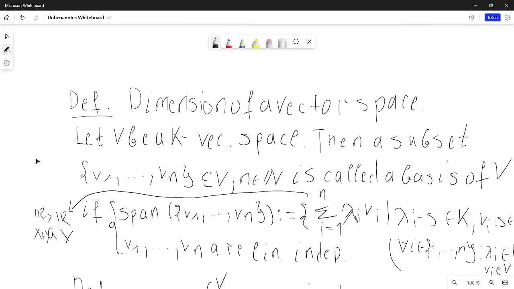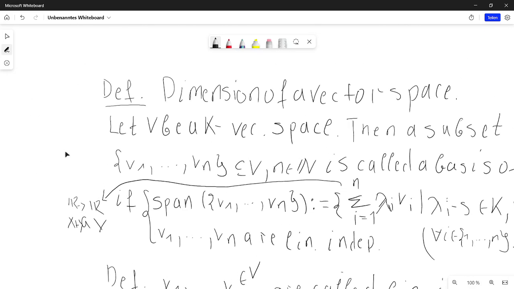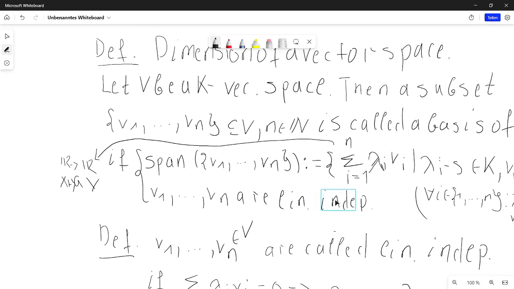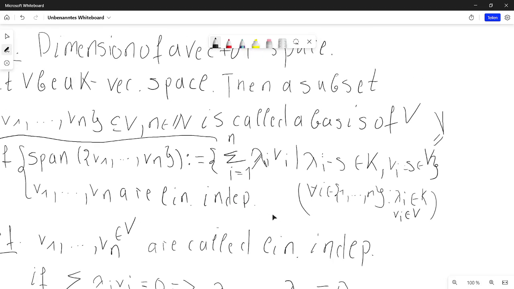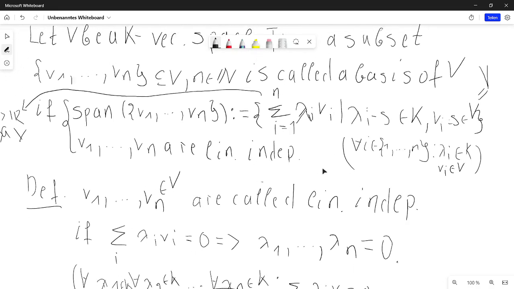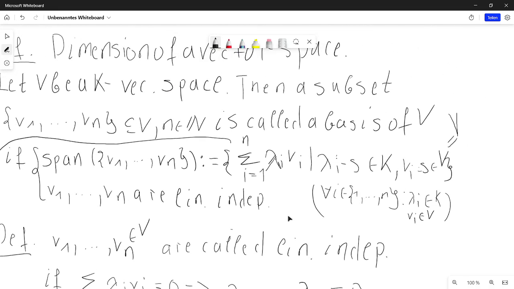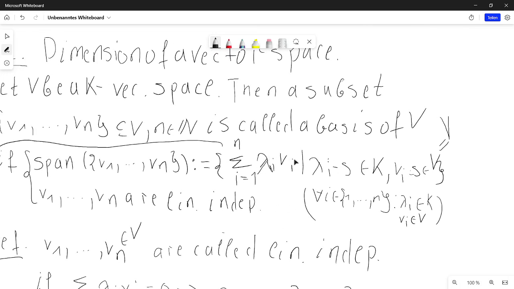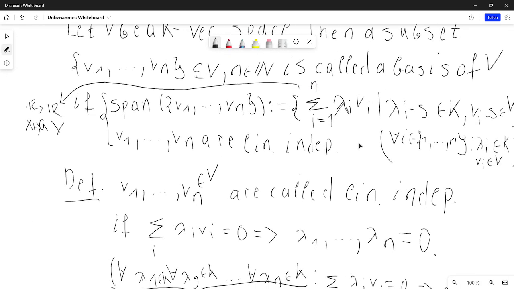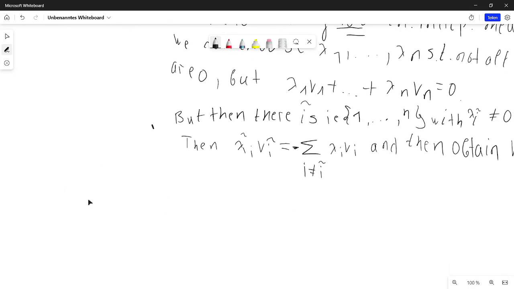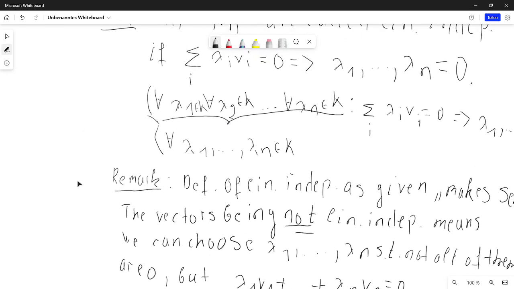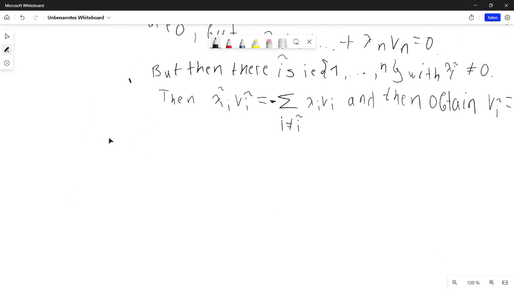We are also interested, of course, whether it is unique, because if it is not, those representations are not unique either. Maybe the number of vectors needed, the minimum number, the maximum number, is unique, because it would not be nice to be able to represent our vector space with a different number of terms.